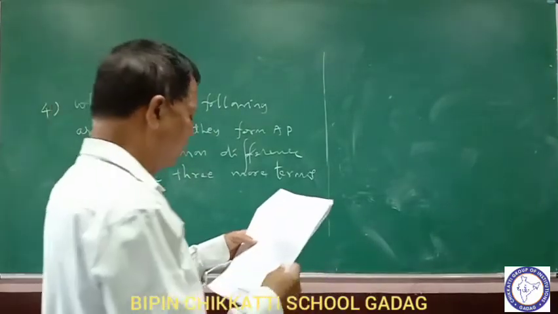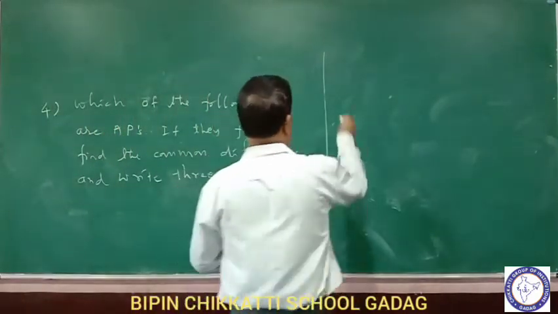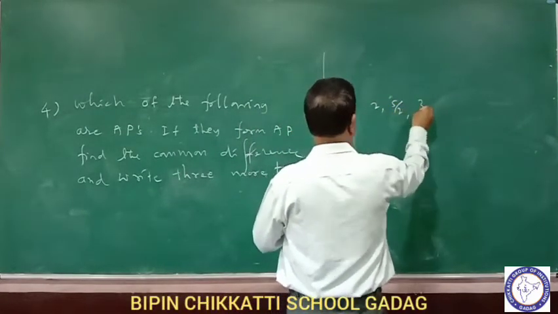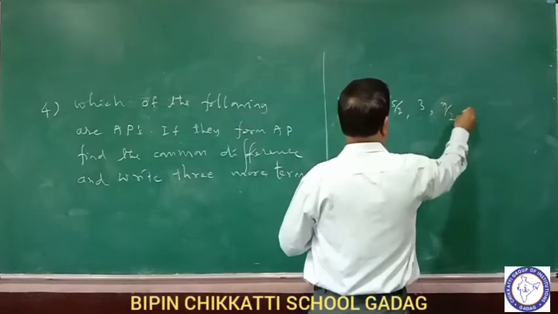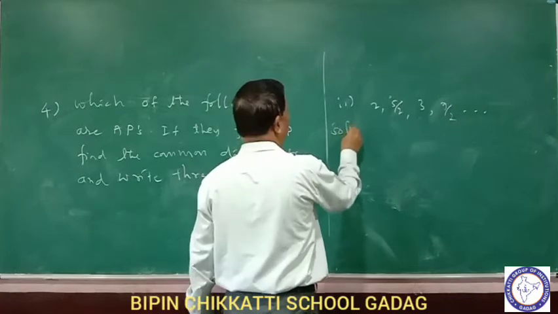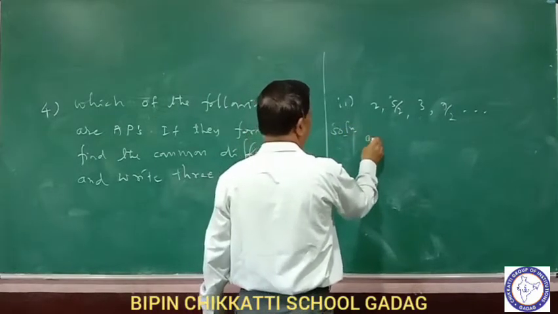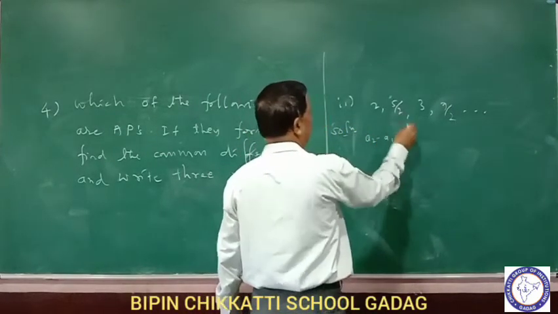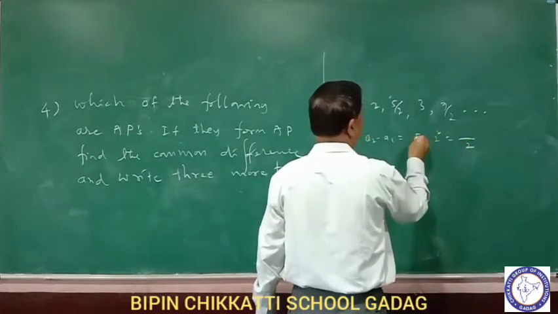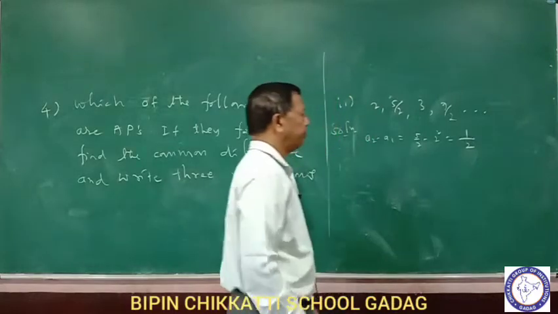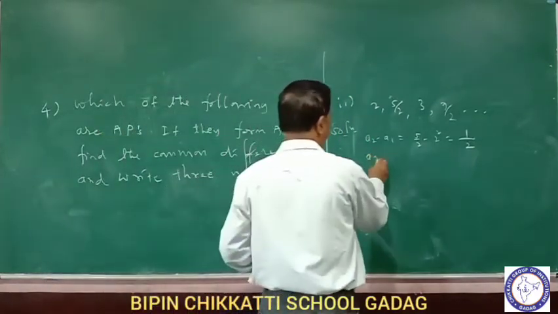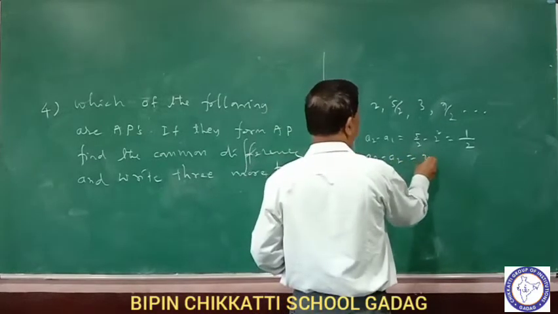And this next one is simple. First I consider 2, 5 by 2, 3, 7 by 2. First, whether it is forming an AP or not. Look at this first. A2 minus A1 is 5 by 2 minus 2. What is the LCM? Here it is 2, and 5 minus 4 is 1 by 2. And next A3 minus A2, 3 minus 5 by 2.